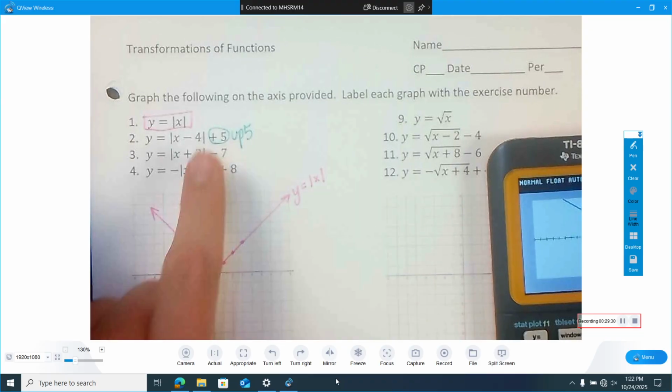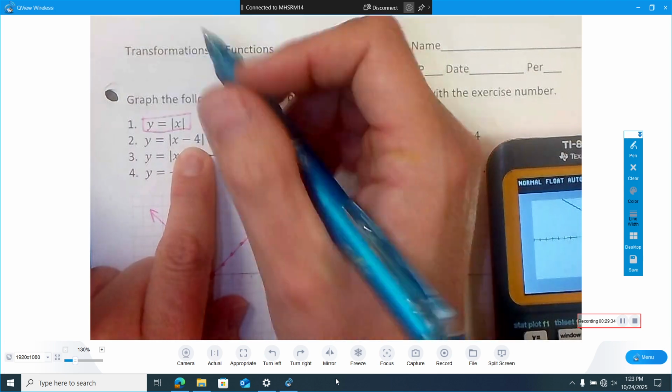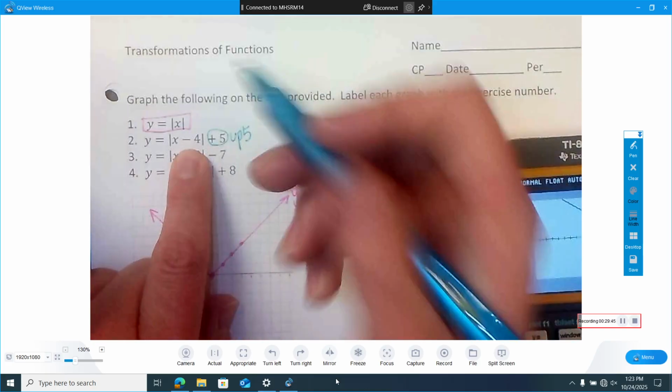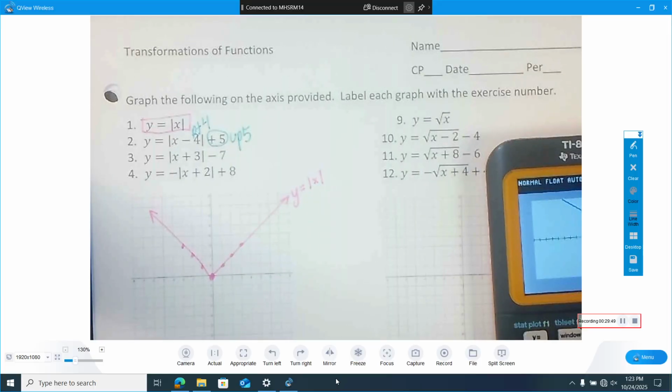What does the 4 do? It changes the x values. Everything with x is wonky. Everything with x is always messed up. It goes to the right. So it goes right 4 units. Now everyone's like, why does it do that?